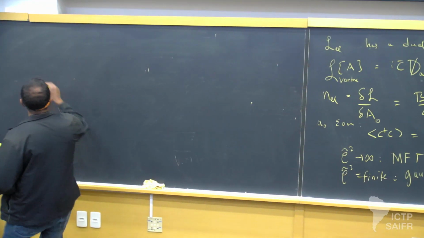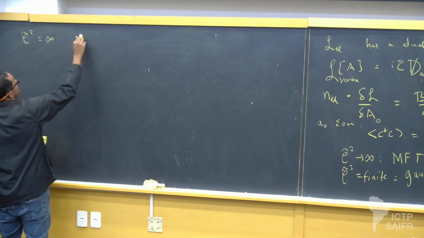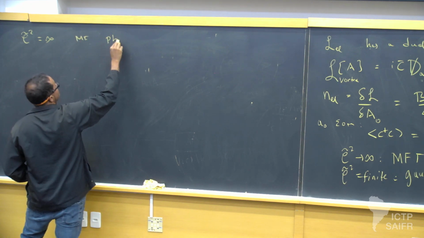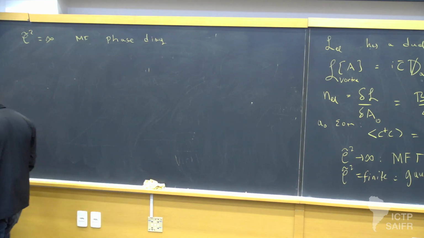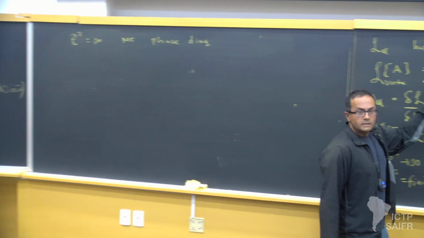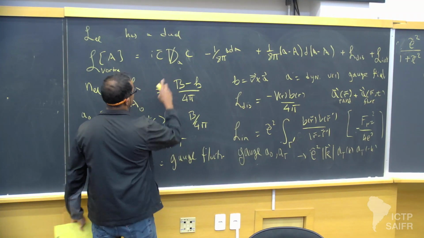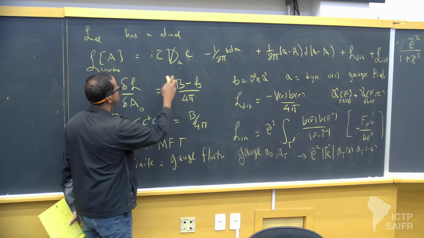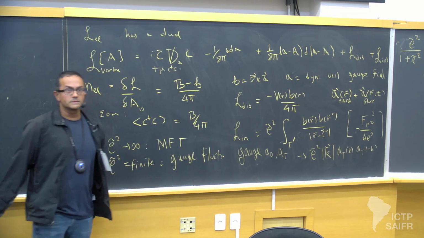So when you have infinite charge, when you have mean field theory, we can now write down a phase diagram. And the phase diagram involves the study of free Dirac fermions in a random vector potential. But since there's an external magnetic field, there will be a finite density of these particles.